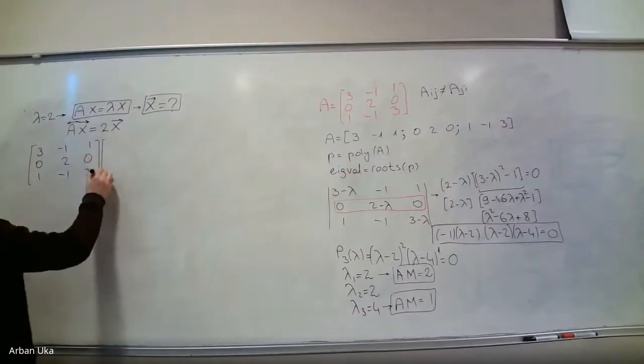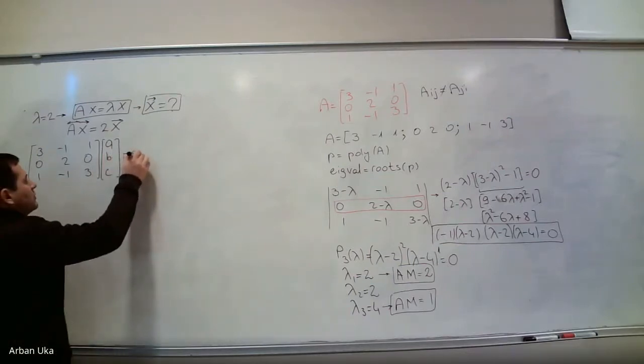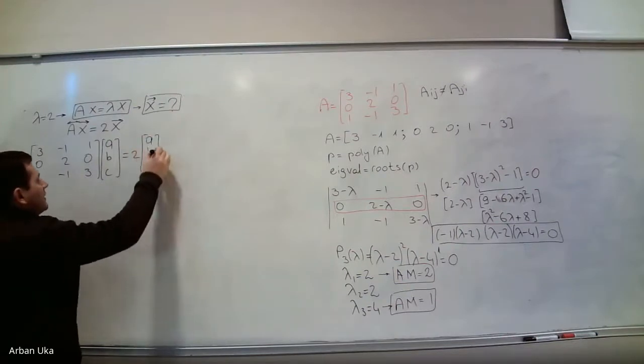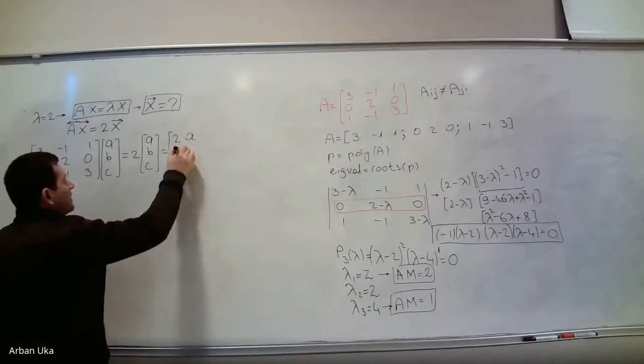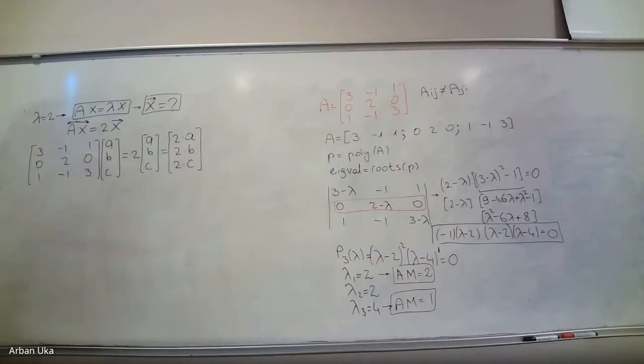This times a, b, c, the eigenvector, which should be 3 by 1, is equal to 2 times a, b, c. So this is equal to 2a, 2b, and 2c.